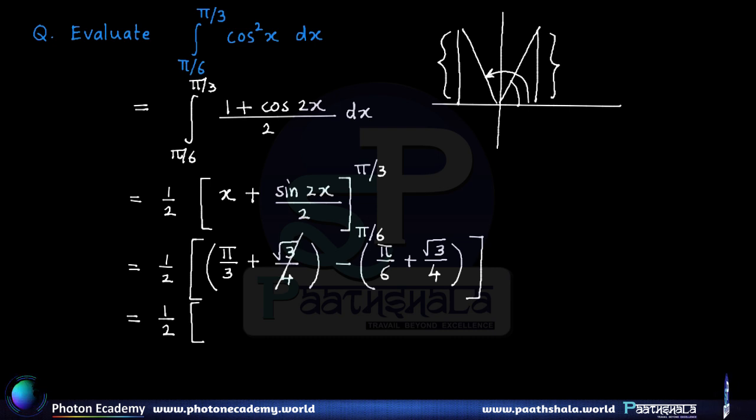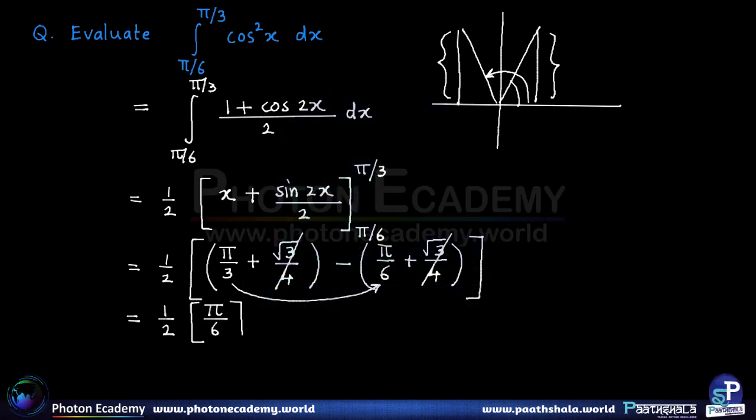Now if you observe, root 3 by 4 will get cancelled, and pi by 3 minus pi by 6 is nothing but pi by 6. So finally the answer is pi by 12. So that is the way we evaluate this using definite integrals.